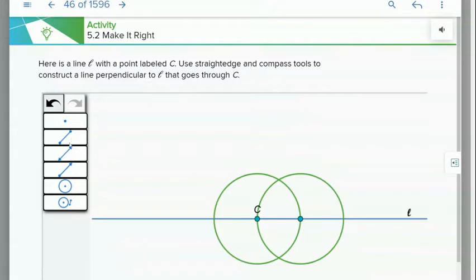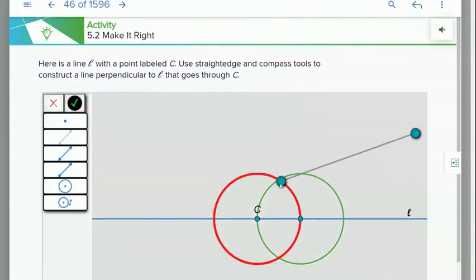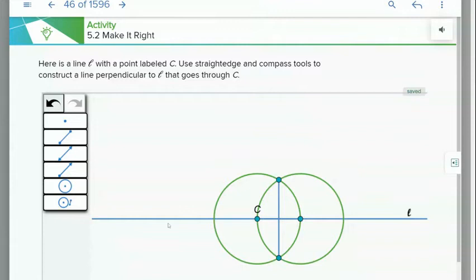Because right now, if you notice, we can create a perpendicular bisector. But how are we going to create a perpendicular bisector that goes through point C? See how my perpendicular line does not go through that point?